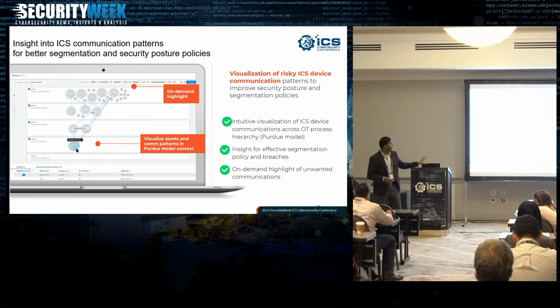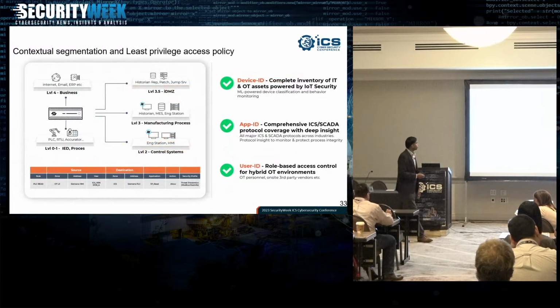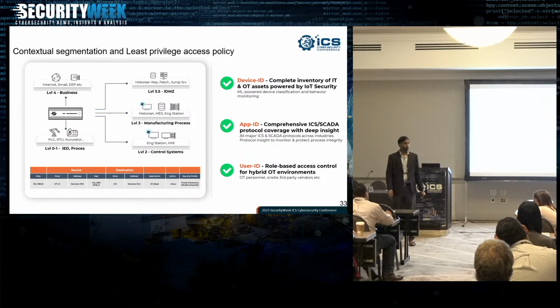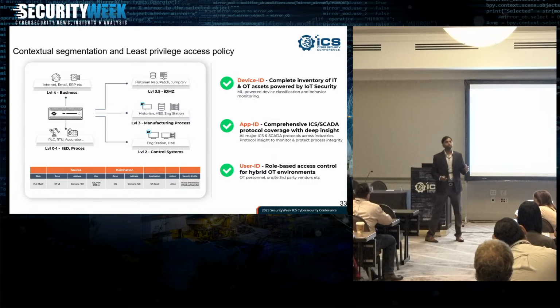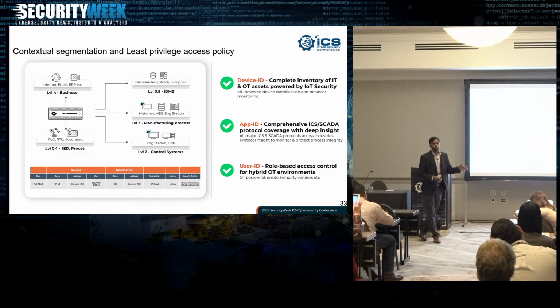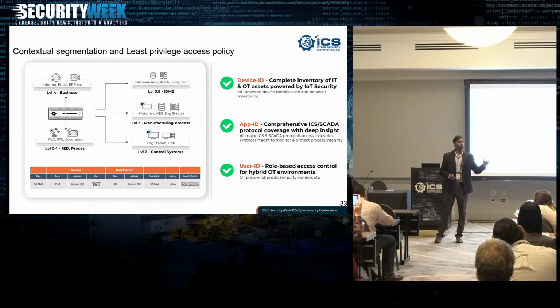Once you have this level of data, it's easy for us to segment. That's where we provision contextual policies based on device ID, user ID, and app ID. Device ID is primarily decoupling your device context from the IP address information. Instead of writing policies based on address 10.1.1.1, I'm saying this particular 10.1.1.1 IP address is a Rockwell PLC device.